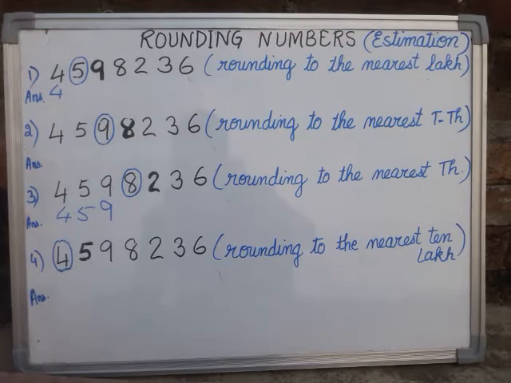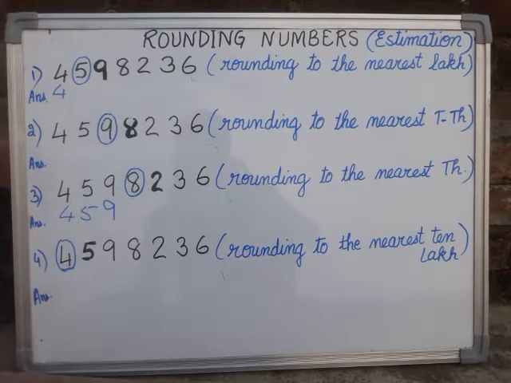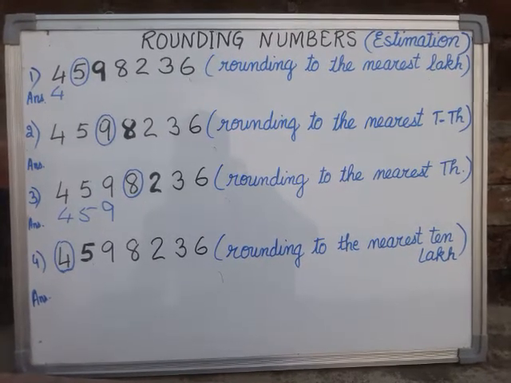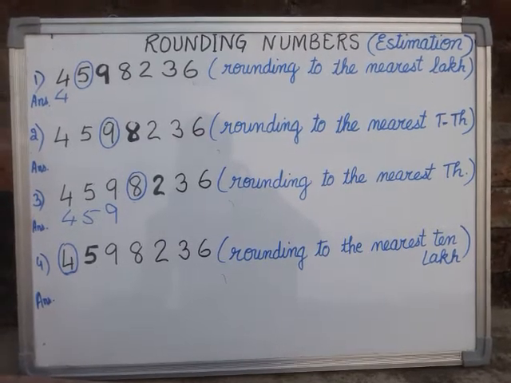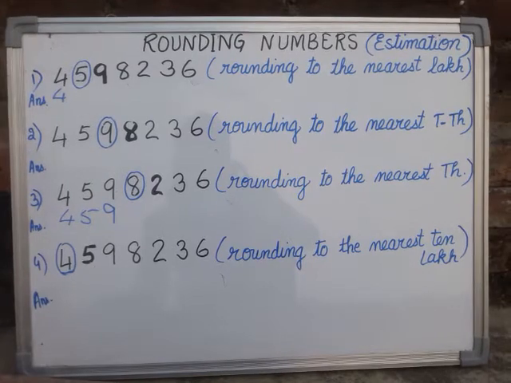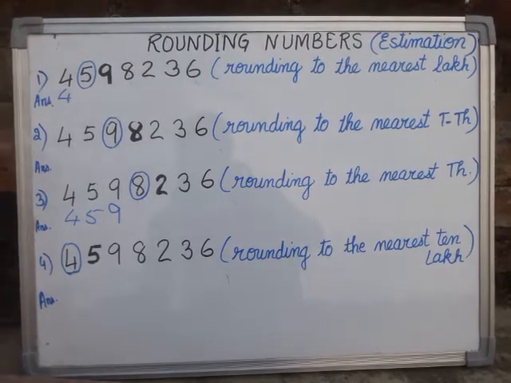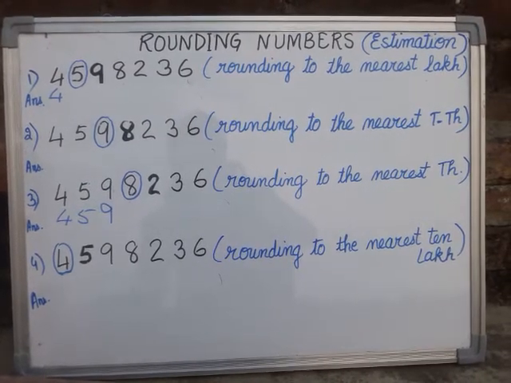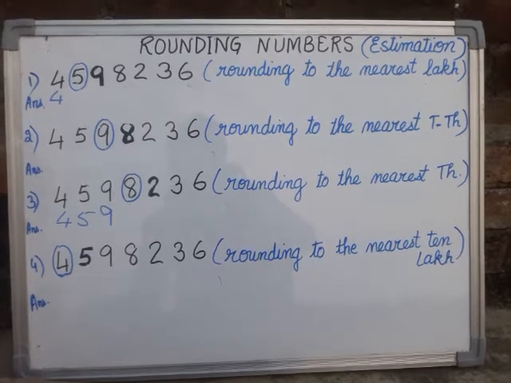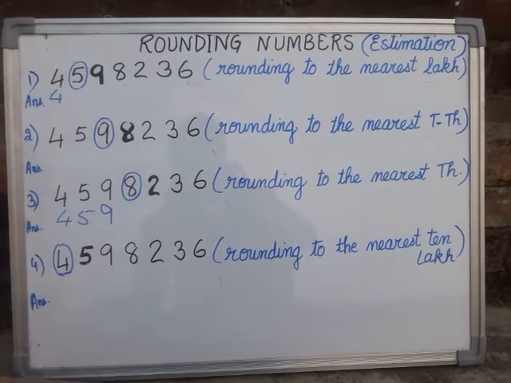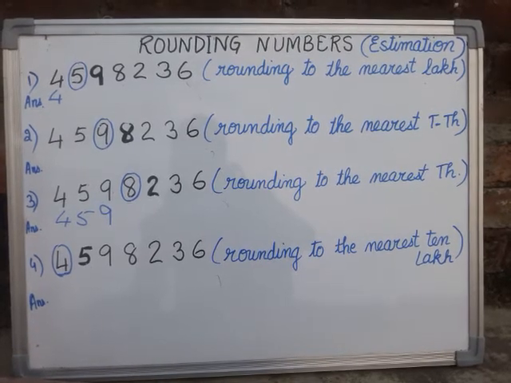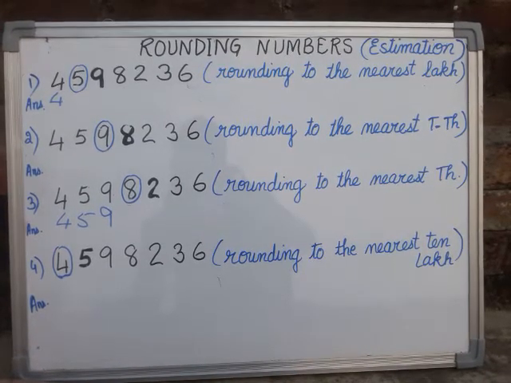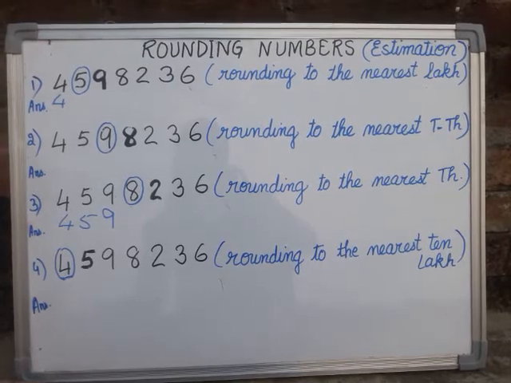The first step, when we round off a given number to the required place, we consider the next number at the right side. Second step, children: if this number is 5 or more than 5, I repeat it, if this number is 5 or more than 5, the number at the required place is increased by 1.